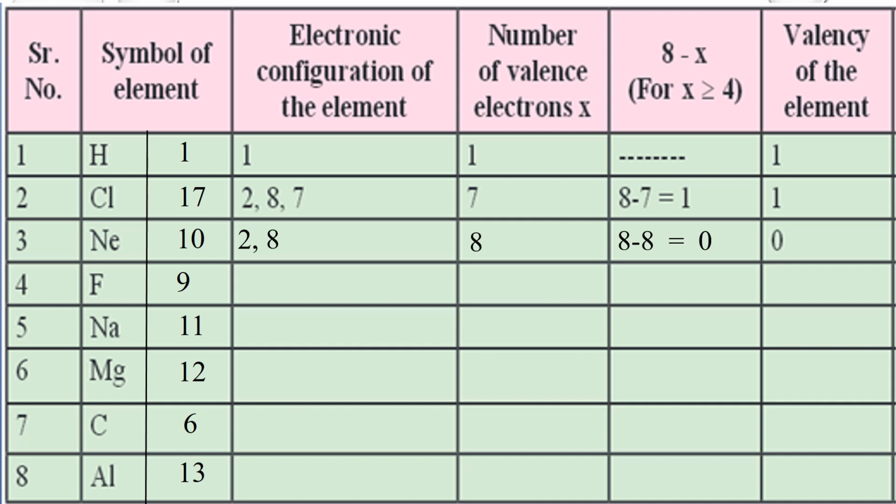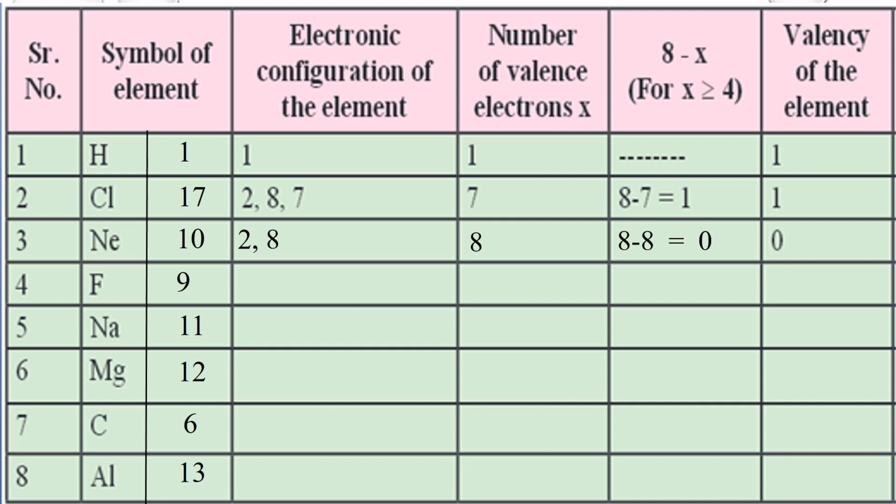Now if you look at the last column, 1, 1, 0 is what you have got. Okay, what does that mean? It means that the first element that we saw, hydrogen, can form one bond with another element. Okay, similarly chlorine.